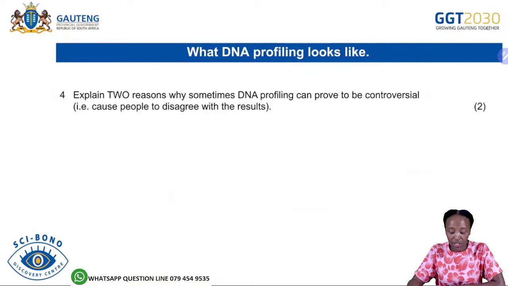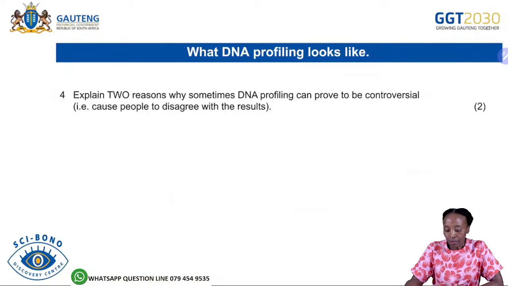And then the last question here says, explain 2 reasons why sometimes DNA profiling can prove to be controversial, causing people to disagree with the results. So why would this prove to be controversial? Number one, let's say in a crime situation, for example, a sample can be planted at the crime scene.